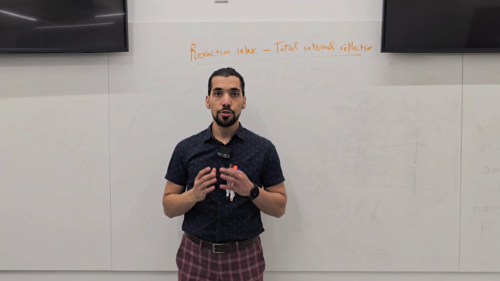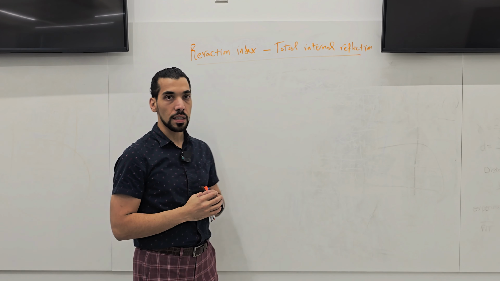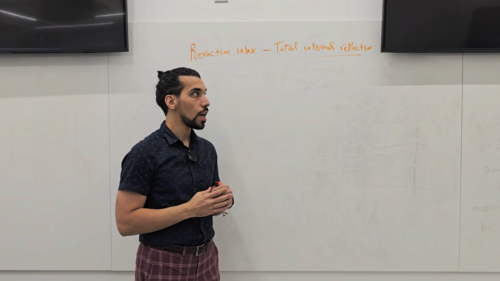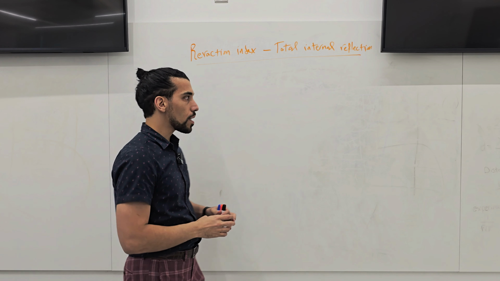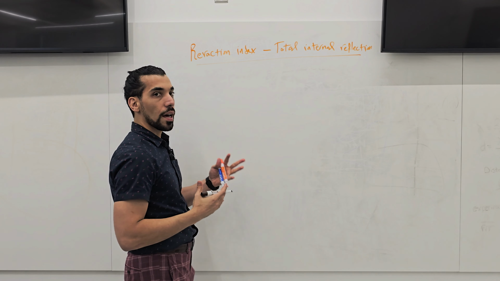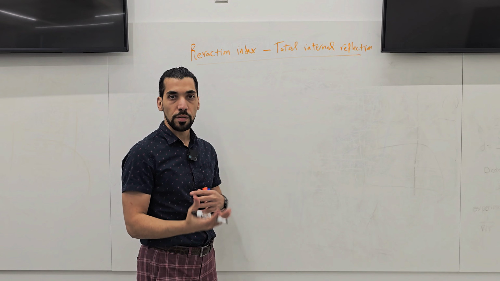Hello everyone. So now we are going to talk about the refraction index and how to measure it, as well as the total internal reflection. As we know, the speed of light or electromagnetic waves is different in different mediums.